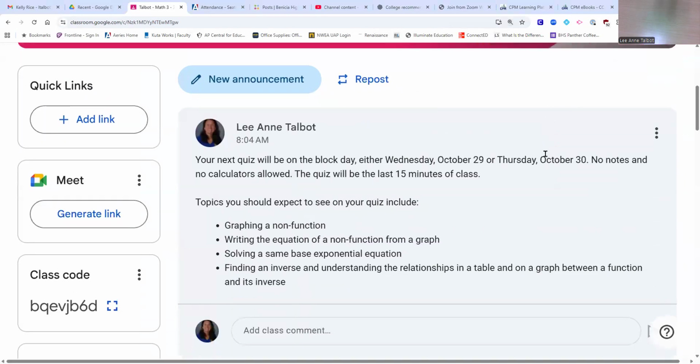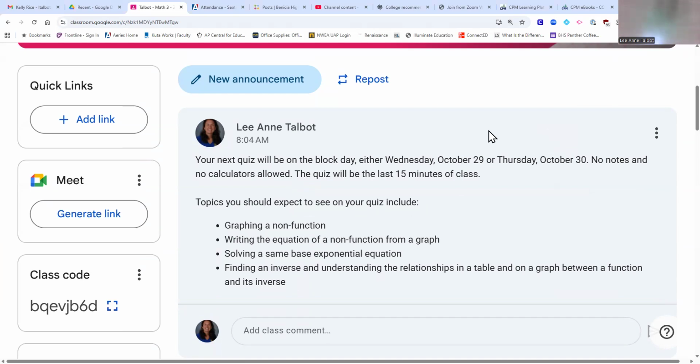Okay. Your next quiz will be on the block day, Wednesday or Thursday. No notes and no calculators. This time it's going to be the last 15 minutes of class because the class work will actually help with the quiz. Topics you should expect to see include.